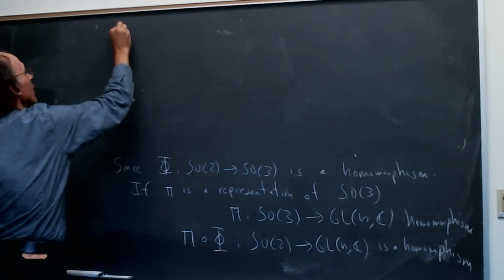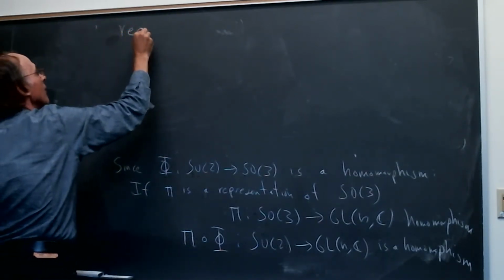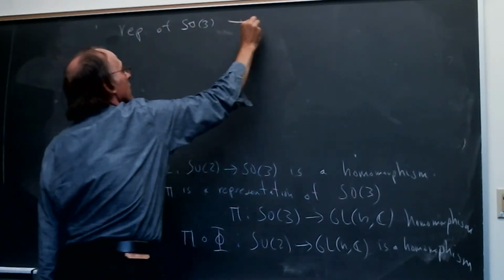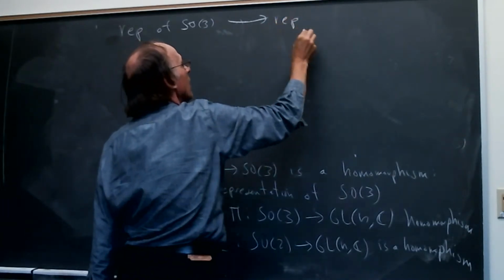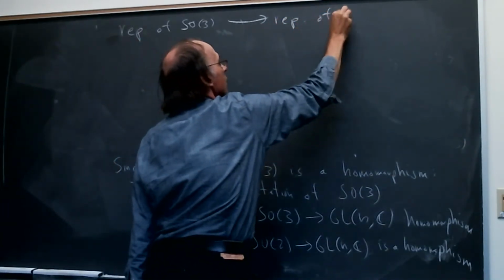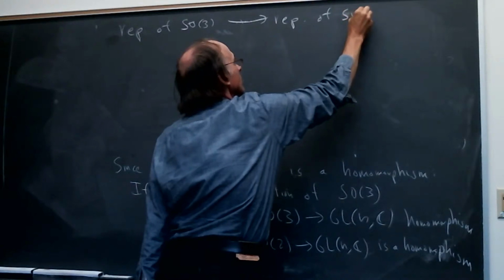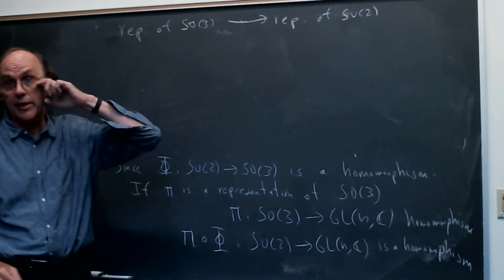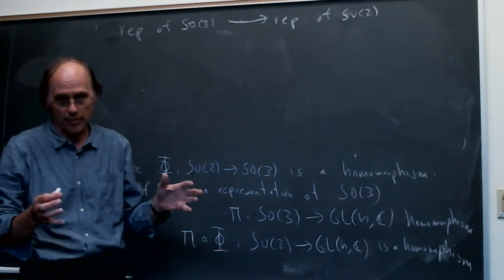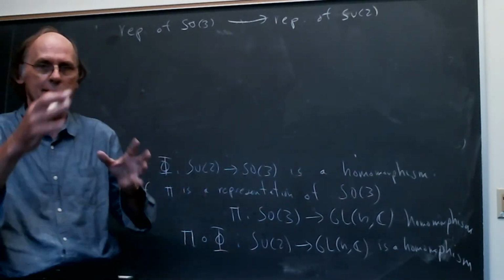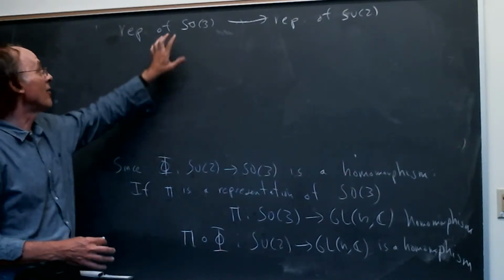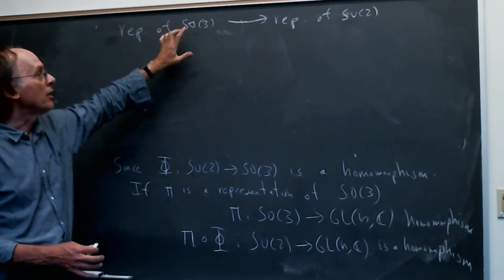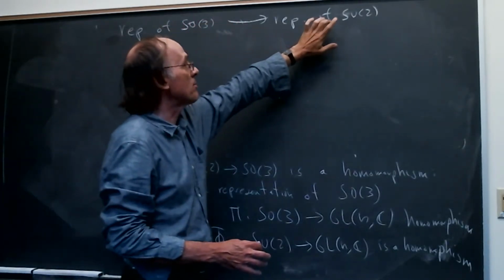A representation of SO3 gives you a representation of SU2. In other words, anything that SO3 can act on linearly, like SO3 acts on vectors, or on planes, or any kind of representation or gadget, gives you a corresponding representation of SU2.